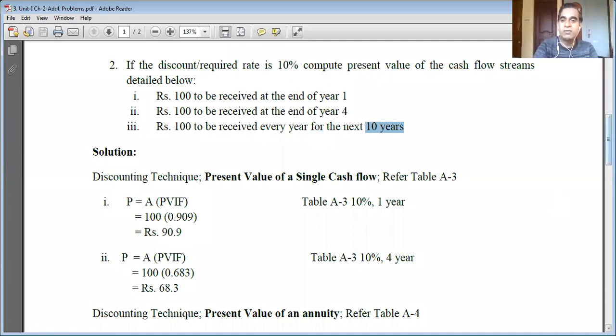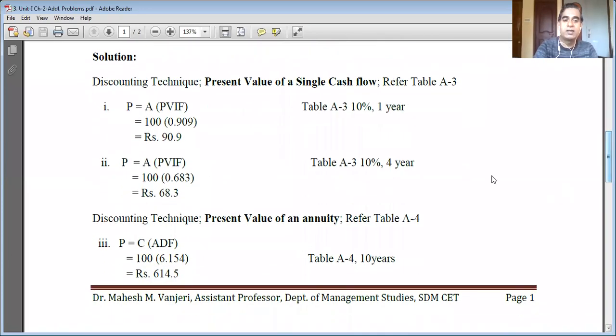Okay, so definitely we need to consider the discounting technique because we have been asked to find the present value. In the present value of an annuity, 100 rupees is to be received every year for the next 10 years: 100 rupees first year, 100 rupees second year, 100 rupees third year, 100 rupees fourth year, like that. So it's the case of an annuity, and we need to refer to table A4.